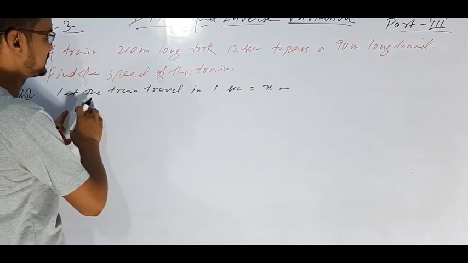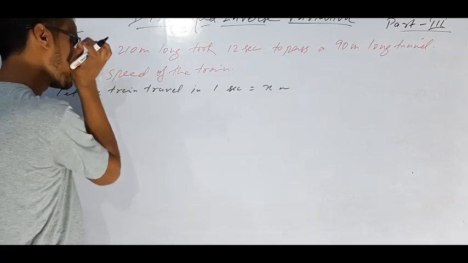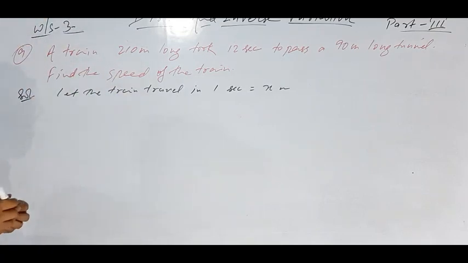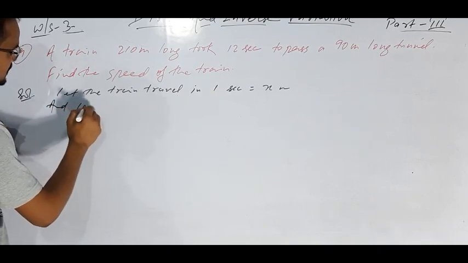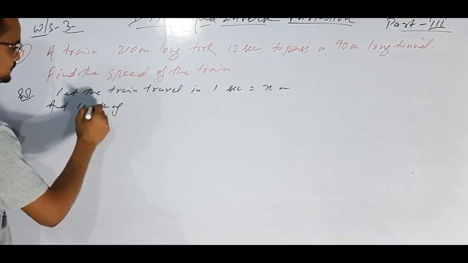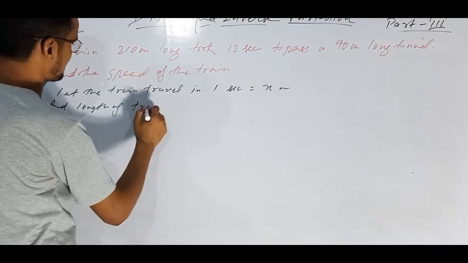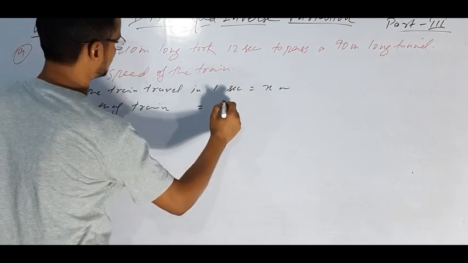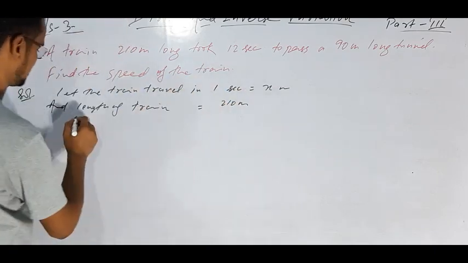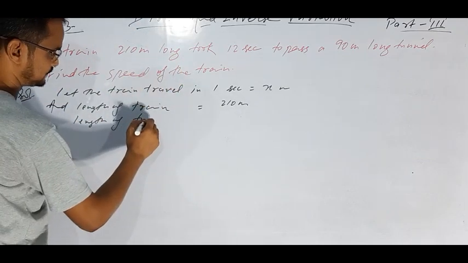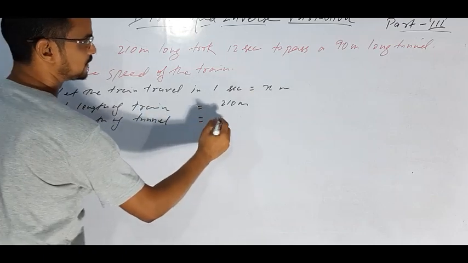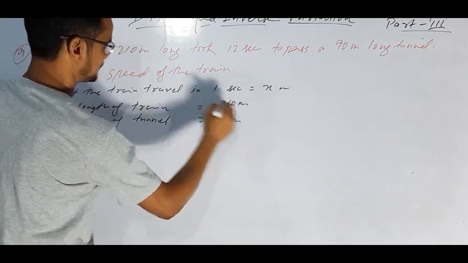Let the train travel in 1 second x meter, and the length of the train is equal to 210 meter. Length of the tunnel is equal to 90 meter.